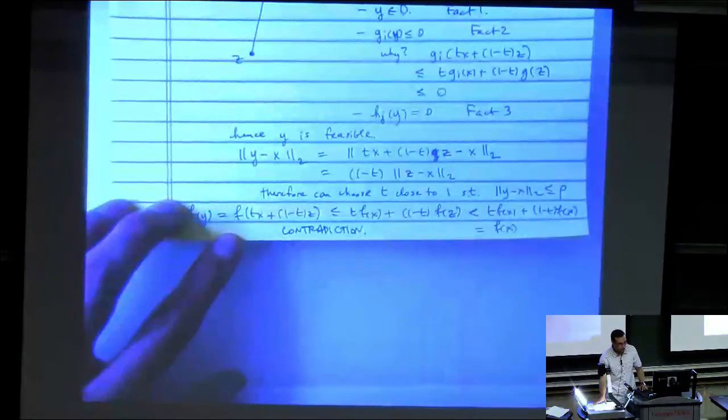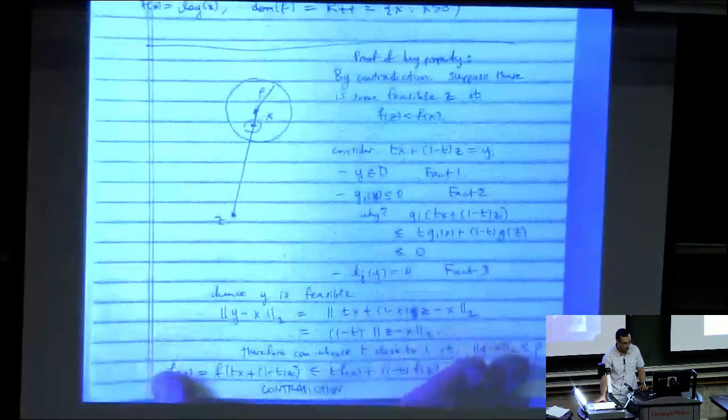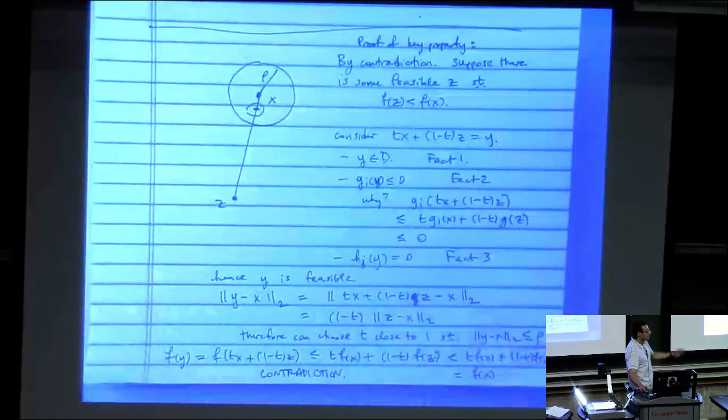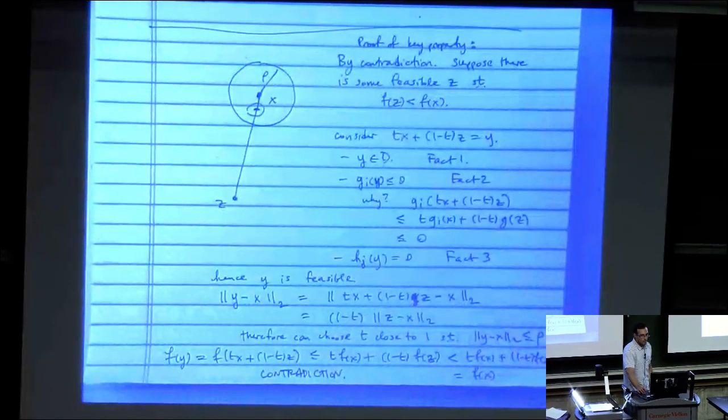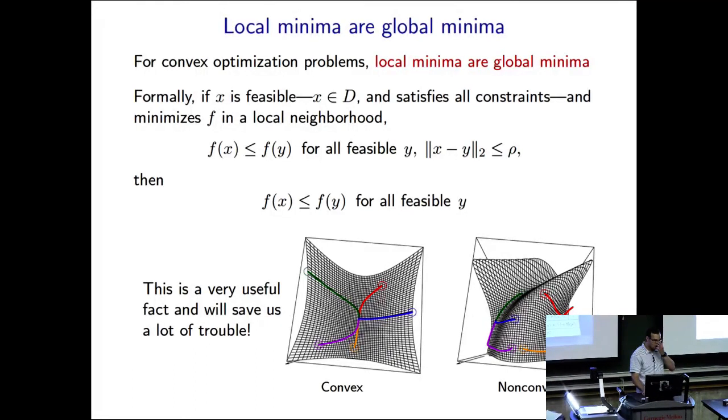Okay, so that property does not exist for non-convex optimization problems. You can have very complicated landscapes of optimization surfaces, but it does exist for convex problems. And the second thing that you're going to see as we go on through the course is that not all convex problems look like this. It's actually still a very expressive class.